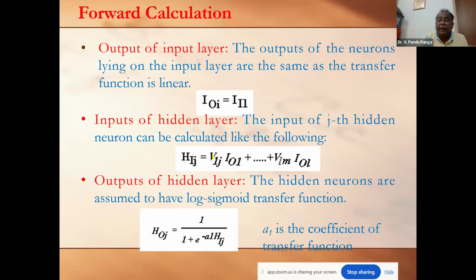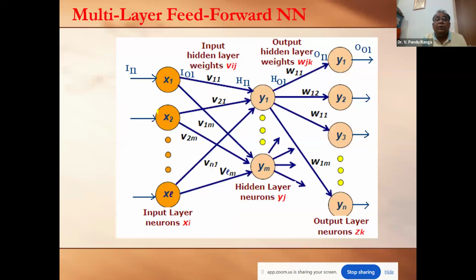While doing this calculation, we have considered a linear transfer function for the input, log sigmoid for the hidden layer, and tan sigmoid for the output layer. These are the transfer functions used to establish the mapping between input and output data at various levels.